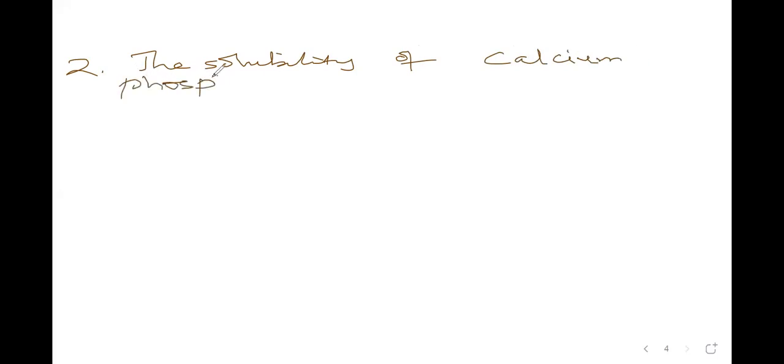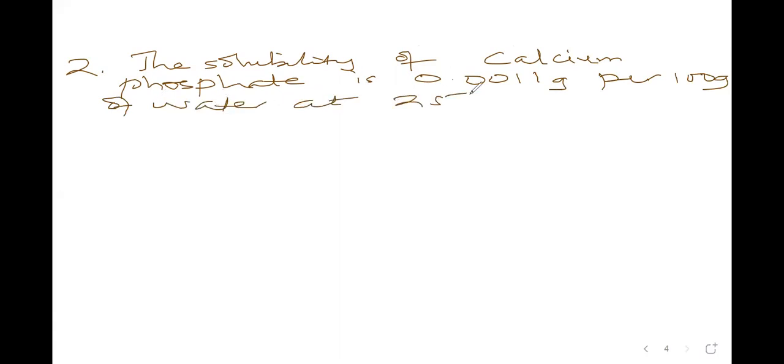In my second example, I'm going to say the solubility of calcium phosphate is 0.0011 grams per 100 grams of water at 25 degrees Celsius. Calculate the solubility product.